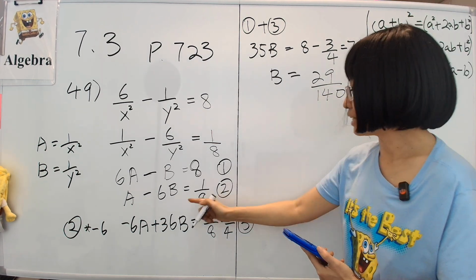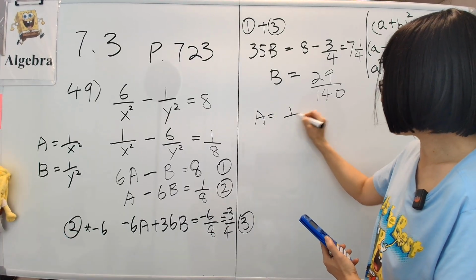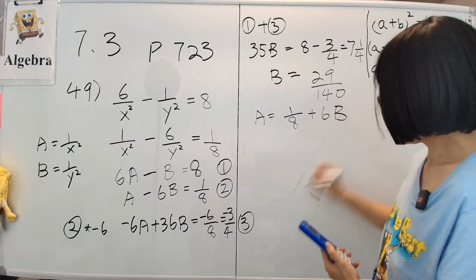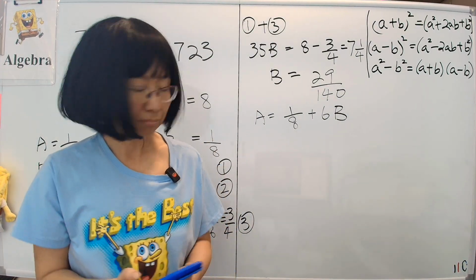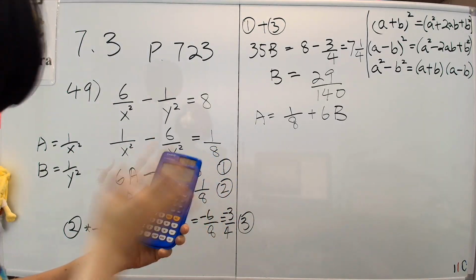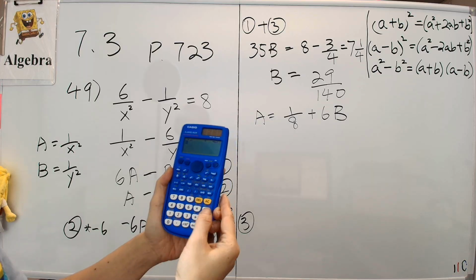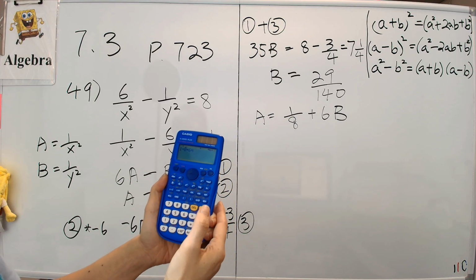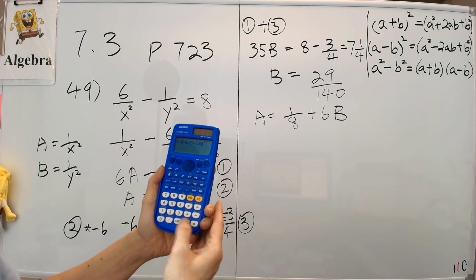Okay, so then A then equal to 1/8 plus 6 times B, and that would be equal to, let's see, we will have 1 divided by 8 plus 6 times 29 divided by 140.